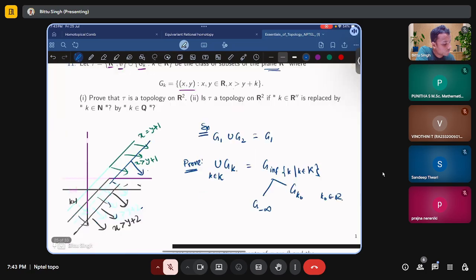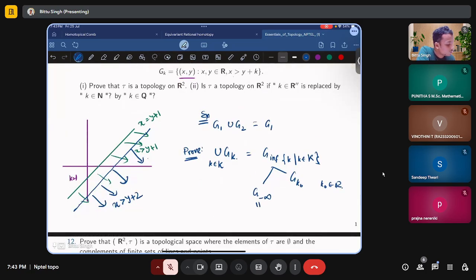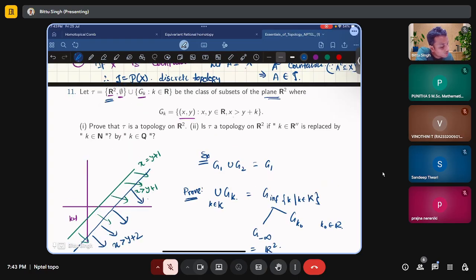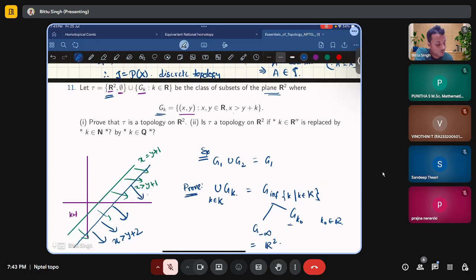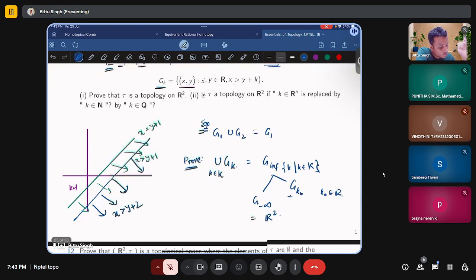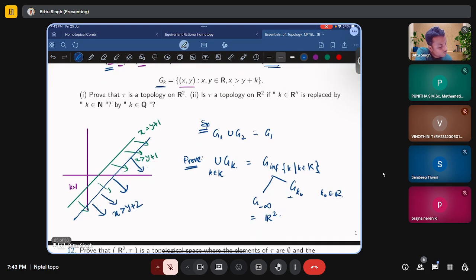But G of minus infinity is not defined. This is actually R2, so this is an abuse of notation, but it will be R2, the whole thing. So R2 is also there, and G_k0 is also there. Therefore, it is closed under arbitrary union. So there is no issue.